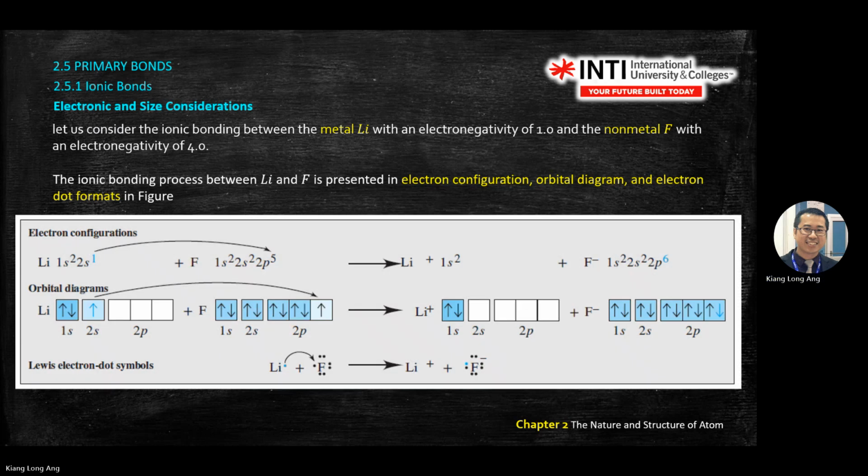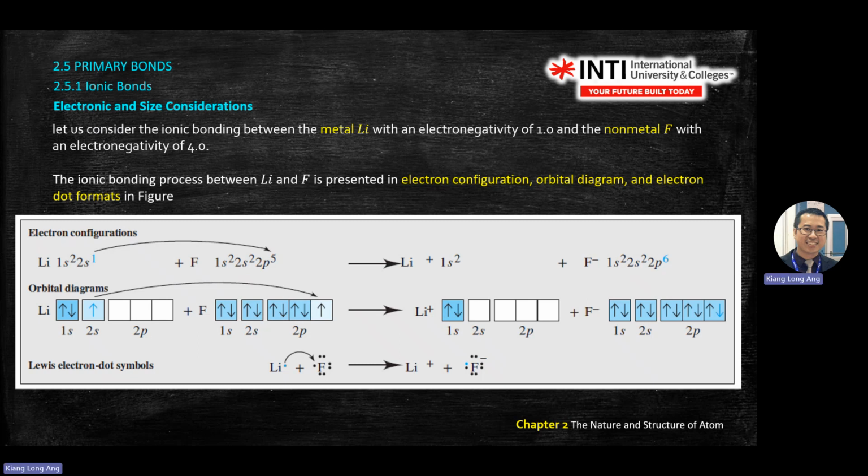Now, ionic bonding between Li and F can be represented by 3 types of presentation: electron configuration, orbital diagram, and electron dot format. The electron dot format is what you use in the lower level of chemistry class, meaning when you studied in SPM or secondary school chemistry. You present this as your answer.